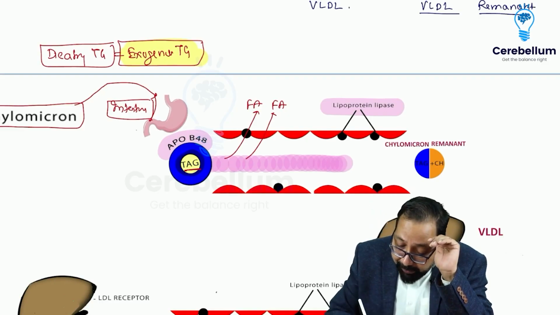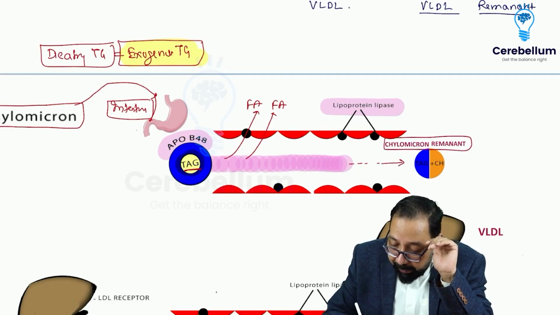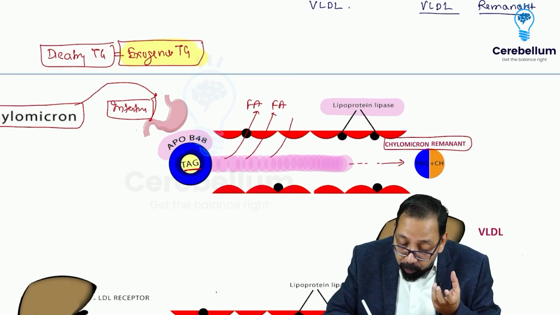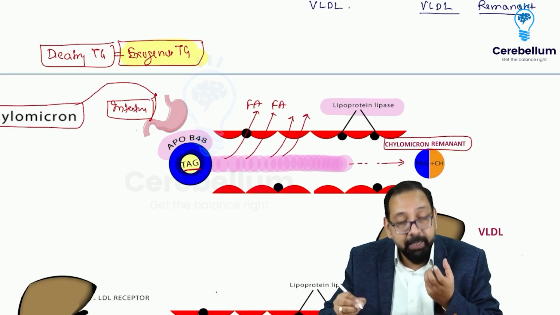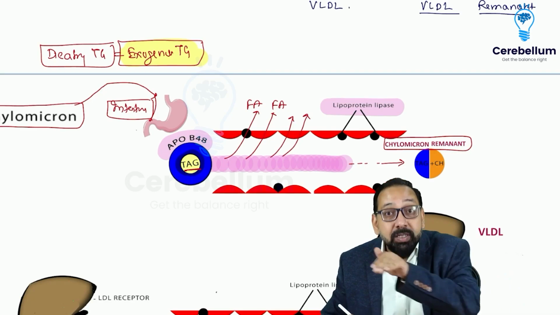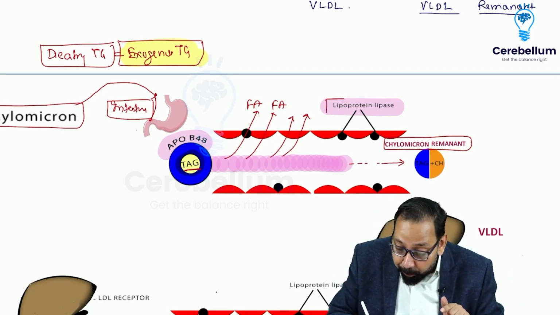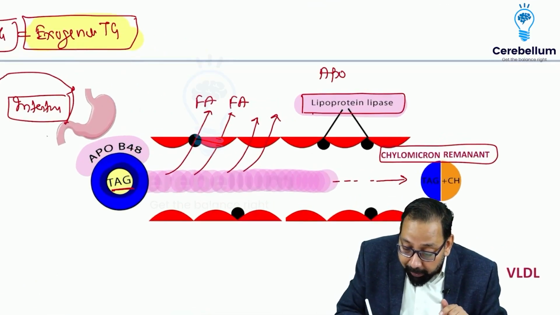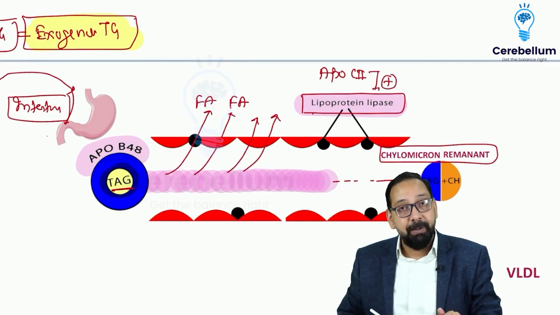After removal of so many fatty acids, the remnant part is called chylomicron remnant. This conversion is done with the help of lipoprotein lipase, and ApoC2 is the activator of lipoprotein lipase.